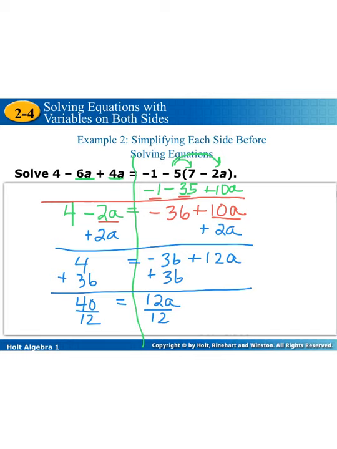Again, I have a fraction here, it's not a whole number, but I can simplify that. 40 and 12 are both divisible by 4. So if I simplify, I get a equals 10 over 3, or 3.3 repeating. So again, distribute first, combine any like terms on the left side and the right side before you start moving variables around.